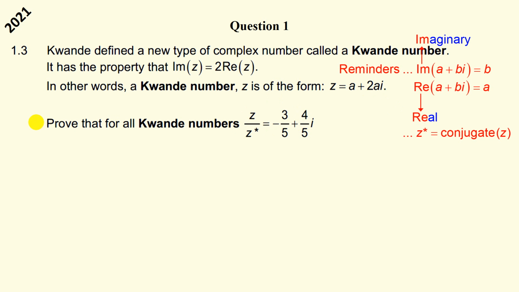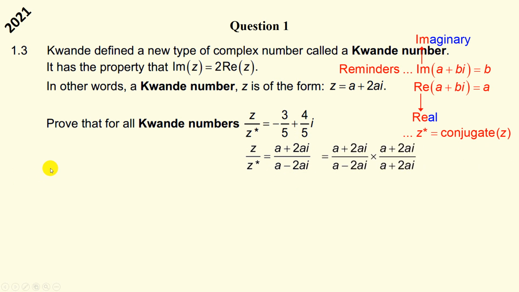We can just substitute in and see what happens. Let's put a plus 2ai over a minus 2ai into it, like that, and we're going to simplify this. Of course, you notice that we could actually take out the a and cancel it, but let's multiply it out first.